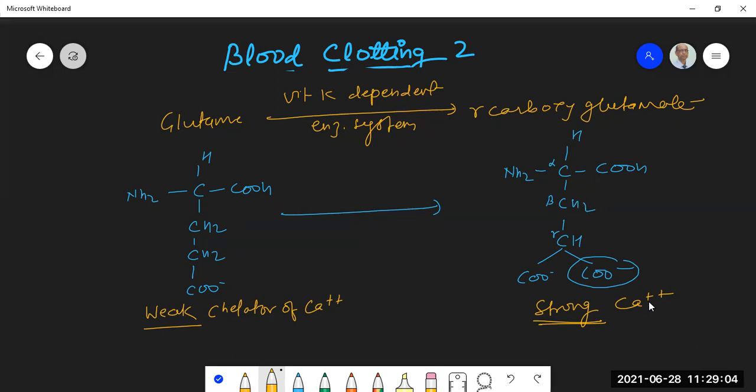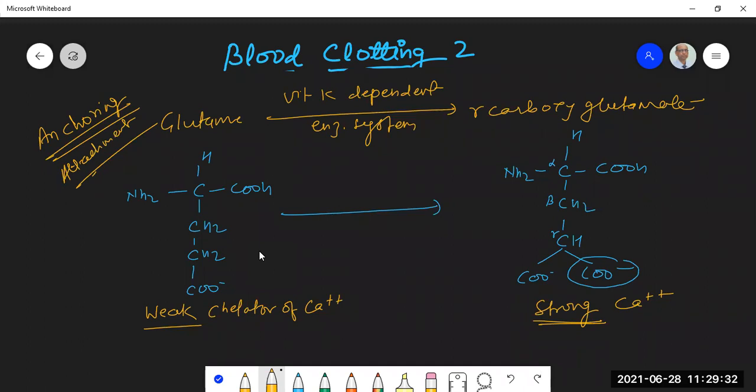Okay, so now, gamma carboxy glutamate, it can chelate calcium strongly. And in this way, it helps in anchoring of this prothrombin. Anchoring means attachment. Anchoring or attachment of prothrombin to the phospholipids of the membranes at the site of the wound.